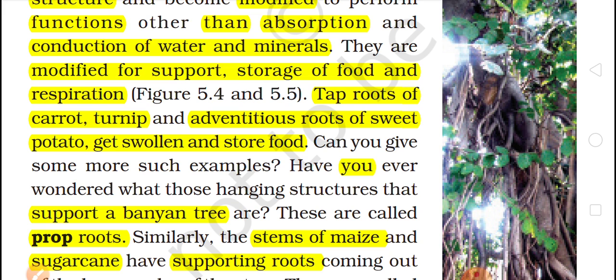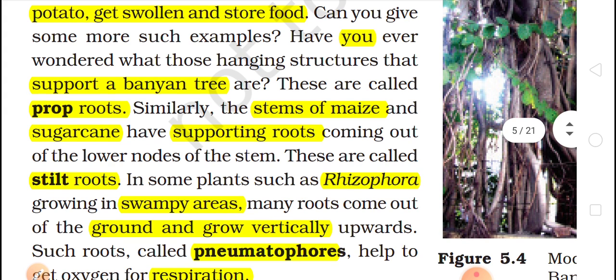So we can say that carrot, sweet potato and turnip roots are modified for storage. Next, roots of some plants are modified for support, for example in banyan tree and sugarcane. Some roots are modified and provide support to the plant.